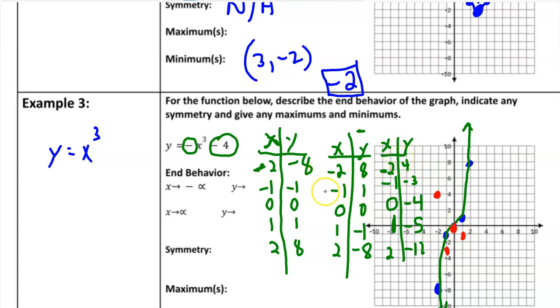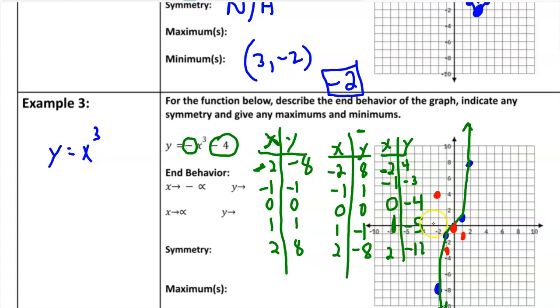Let's see what I did wrong here. Subtracted 4, so 8 minus 4 is 4, 1 minus 4 is negative 3, negative 1 minus 4 is negative 5, negative 8 minus 4 is negative 12.